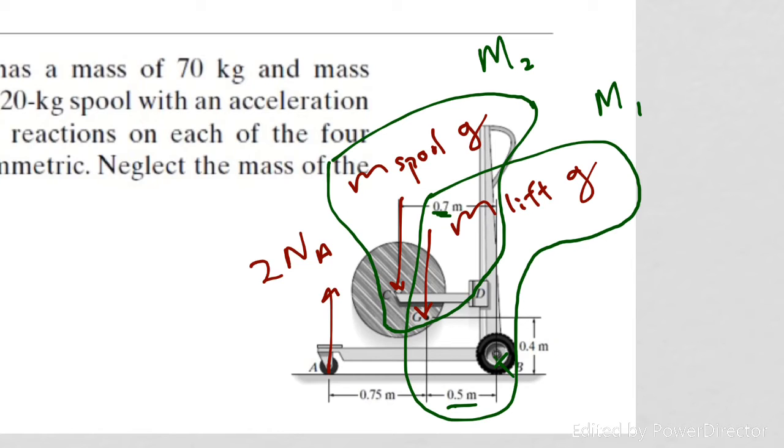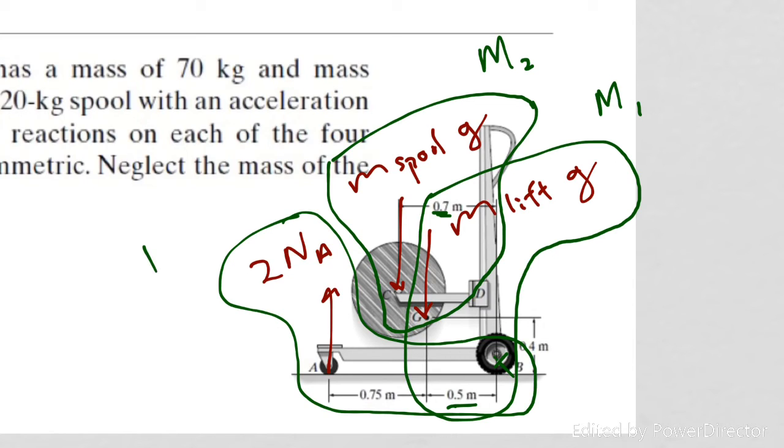And then the last, of course, will be my 2 and A, and the distance towards B will be 0.75 plus 0.5. That will give us 1.25.